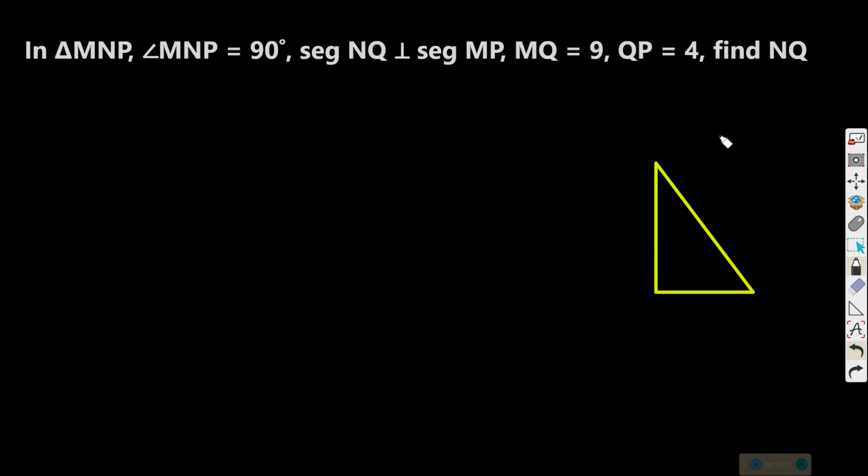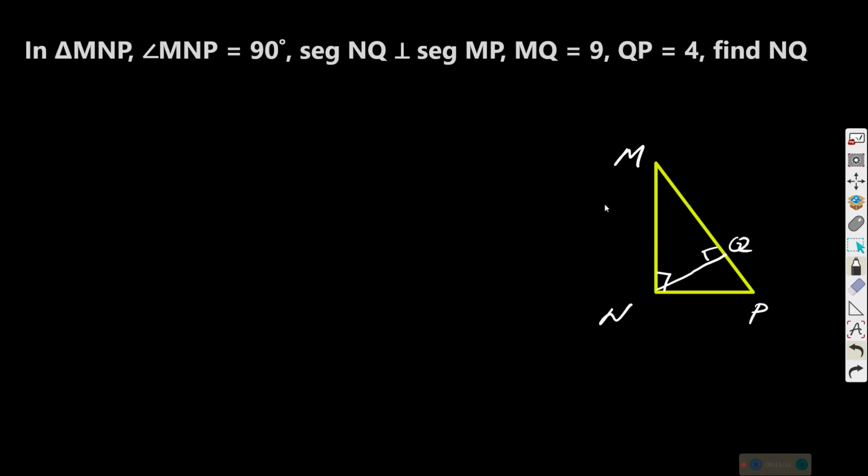Right angle at N. So M will be here and the right angle and P here, and I will write 90 degree here, and it is given that NQ is perpendicular to MP, and it is meeting at Q, and MQ is given as 9. Okay, MQ is 9. Very good. QP is equal to 4. Find NQ.